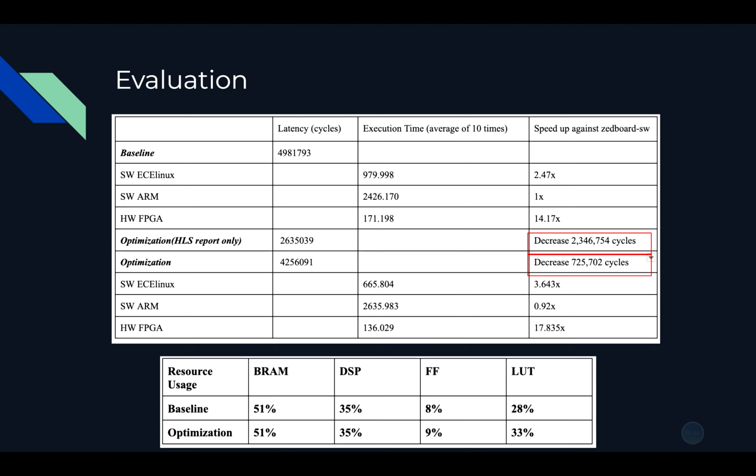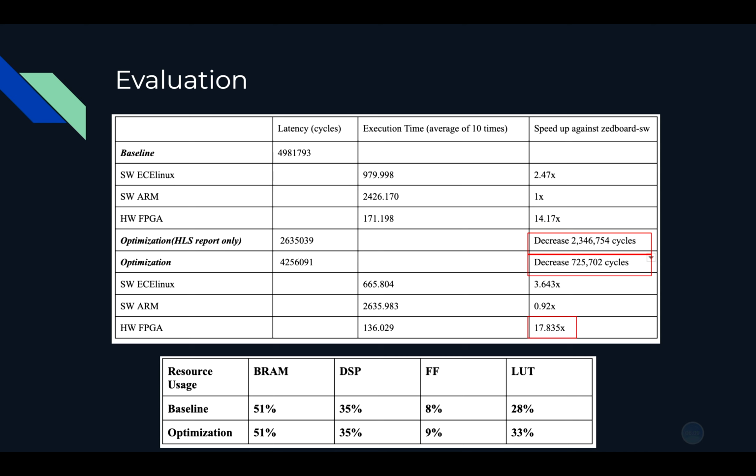However, because FFT is one of the hardest applications to route on FPGA, routing becomes less feasible when resource utilization exceeds 50%. Because of that, our FPGA optimized design saw a significant reduction of about 732,000 cycles.